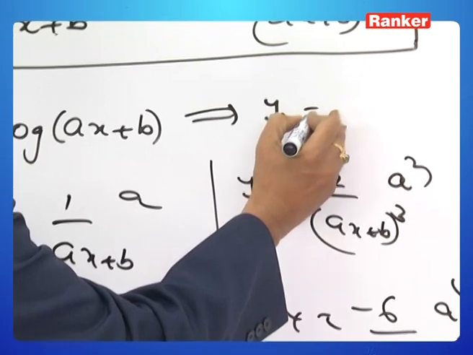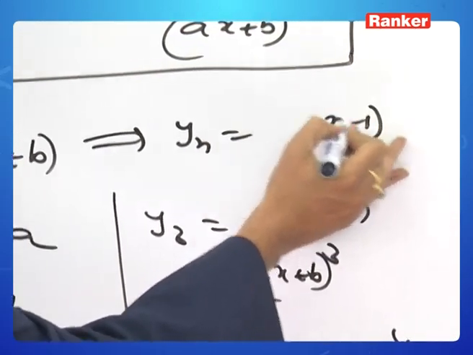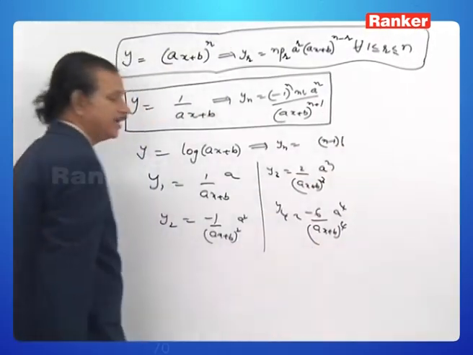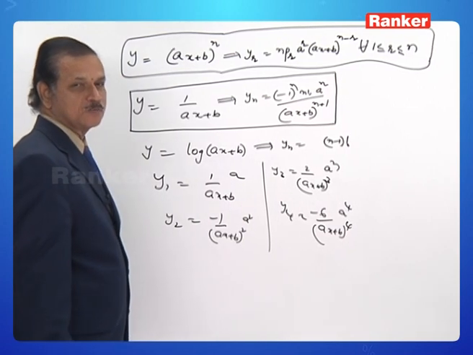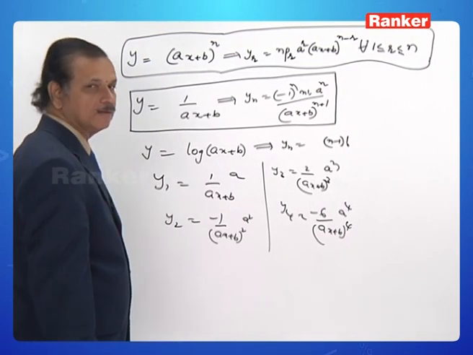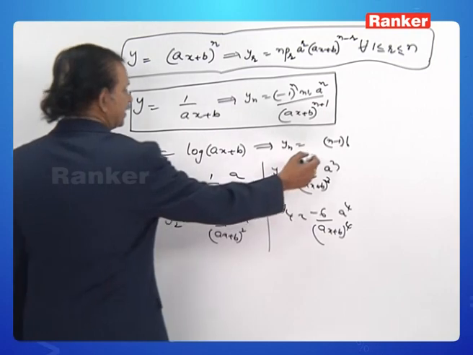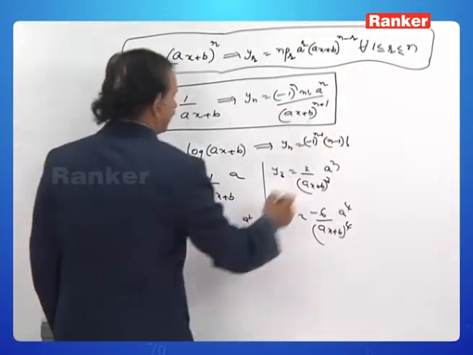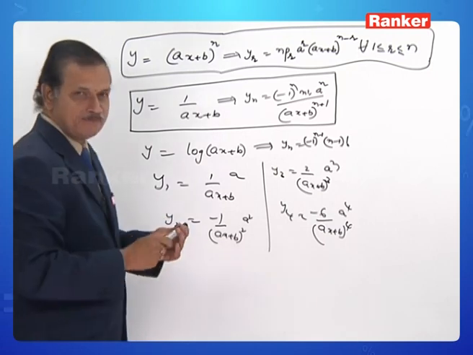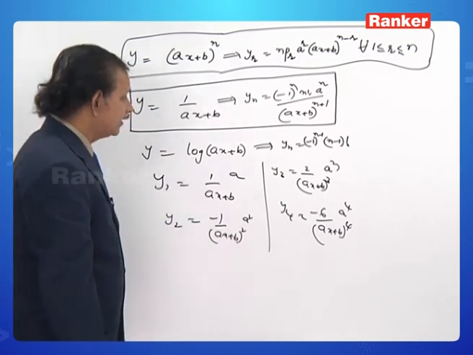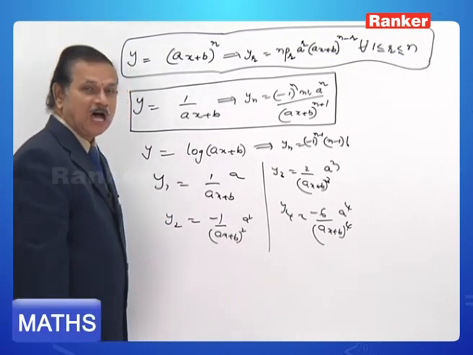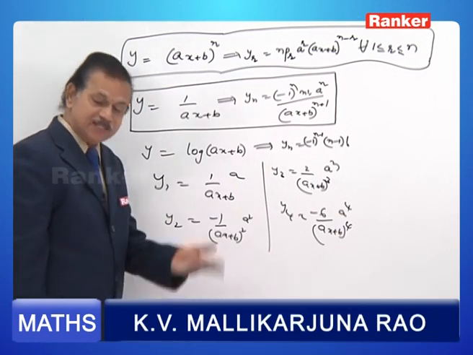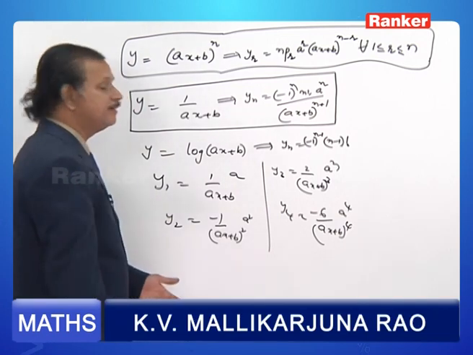Therefore, yn is equal to n minus 1 factorial into... The key point that must be kept in mind in these problems is that since n minus 1 factorial is occurring, (minus 1) whole power n minus 1 occurs in the beginning. Why? Because odd-ordered derivatives are positive and even-ordered derivatives are negative.